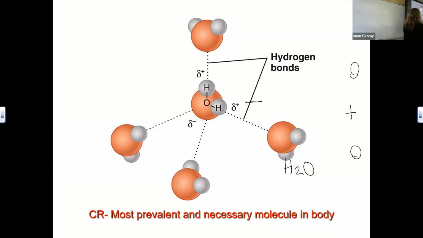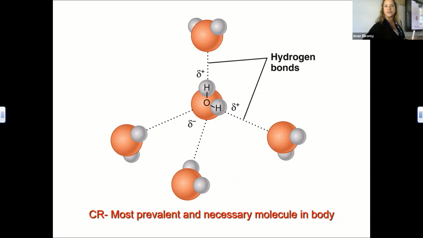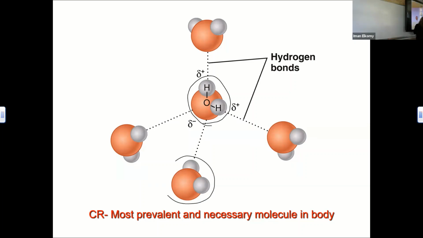Now, this is a sort of 3D look at what's happening. This is one water molecule right here. So that red ball is my oxygen. The gray balls are my hydrogen. Okay? So here's one molecule, H2O. These are all other H2Os, so these are all water molecules outside of here.